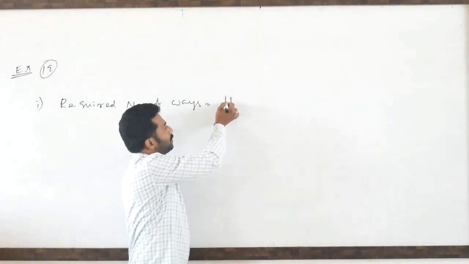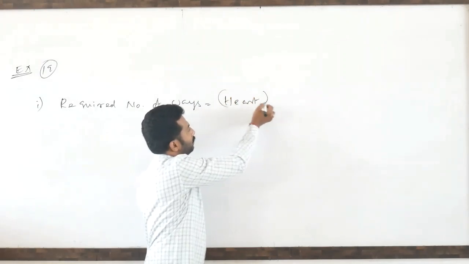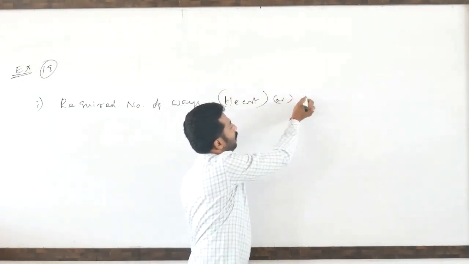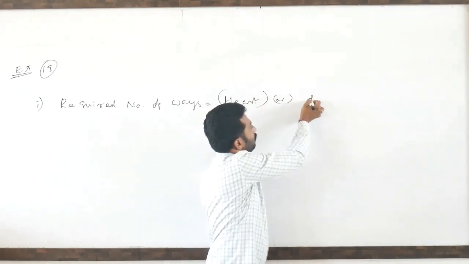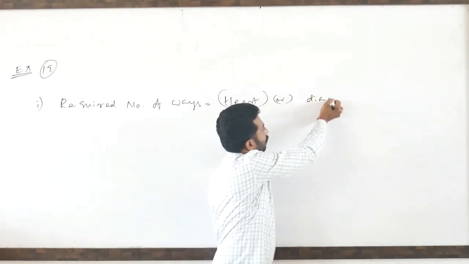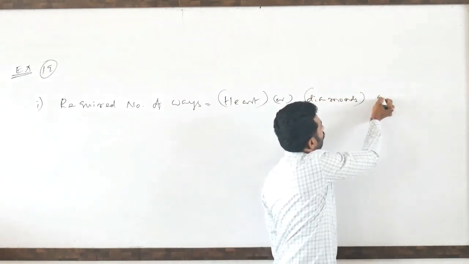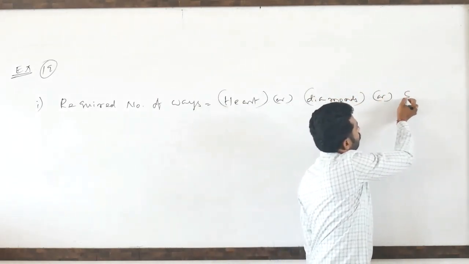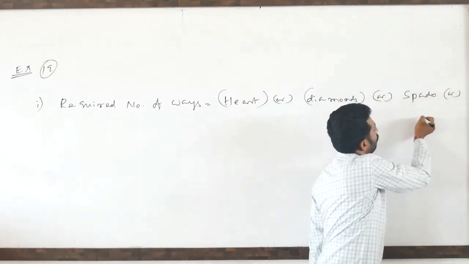Suppose 4 cards we can select either heart card, or diamonds, or spades, or clubs.